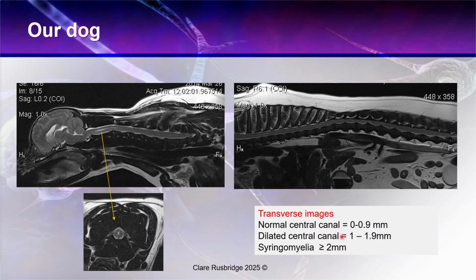Some studies have said that you disrupt the ependyma, the lining of the central canal, once there is a dilation beyond 1 millimetre, and once the ependyma is disrupted, then you can no longer call it an intact central canal, and the definition of syringomyelia takes over. But for MRI purposes, this is the accepted standard.